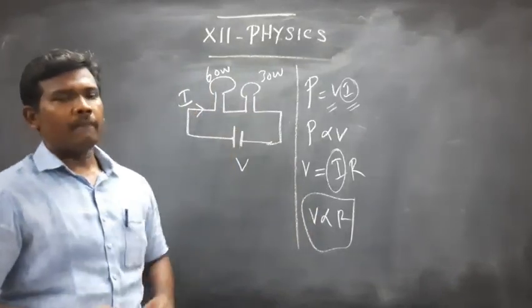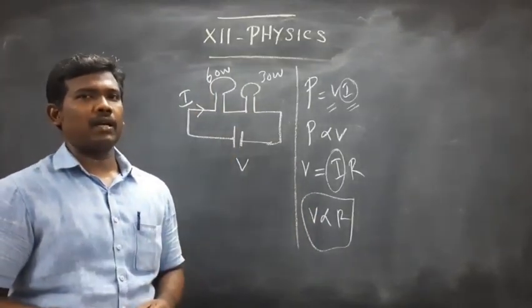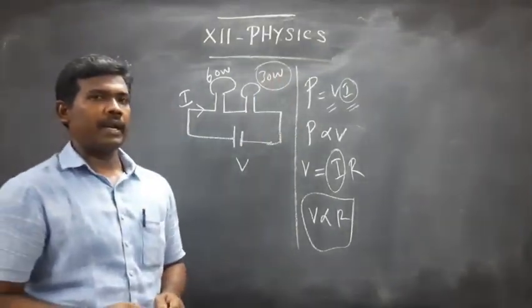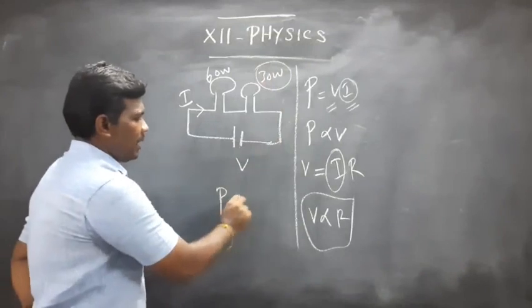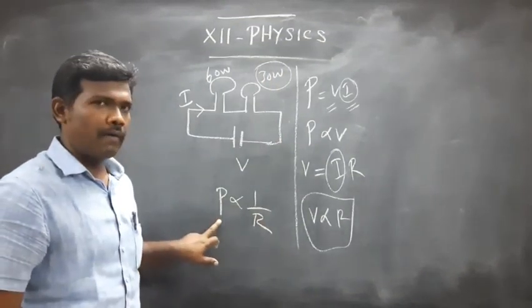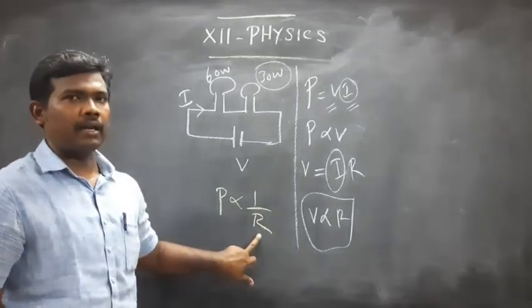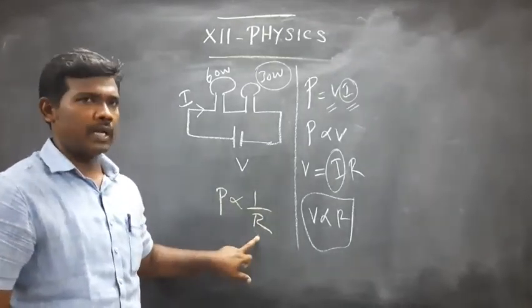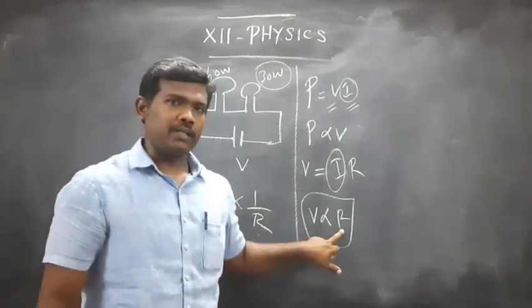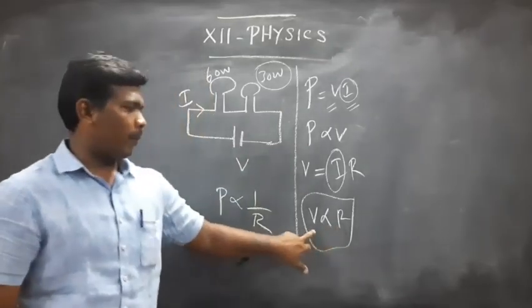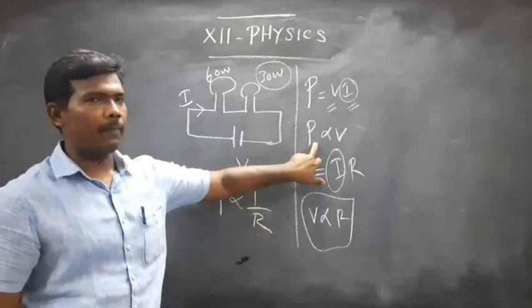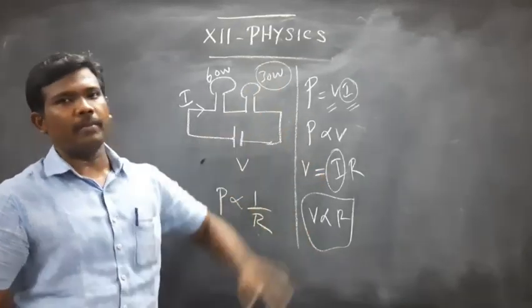Out of these two, the 30-watt bulb has the greater resistance, because power and resistance are inversely proportional. Lesser power means greater resistance. That bulb develops more potential across it, so it dissipates higher power, so it glows brighter.